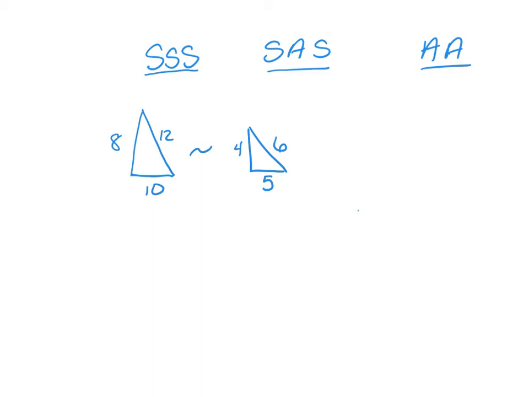Then let's put letters on here: A, B, C, D, E, F. We have to see if ABC is similar to DEF, okay? So we got triangle 1.